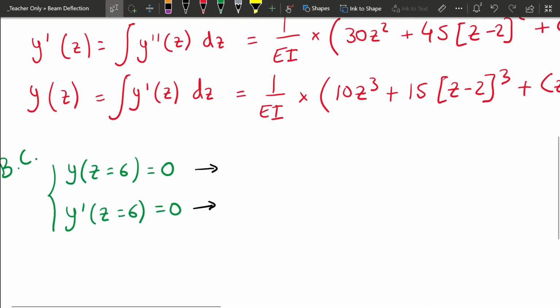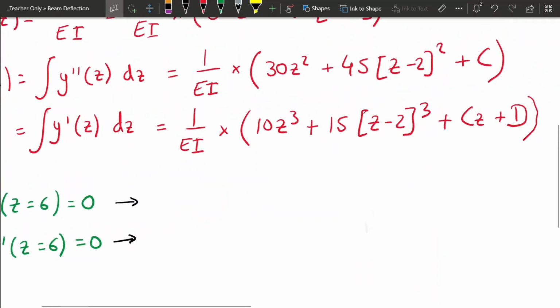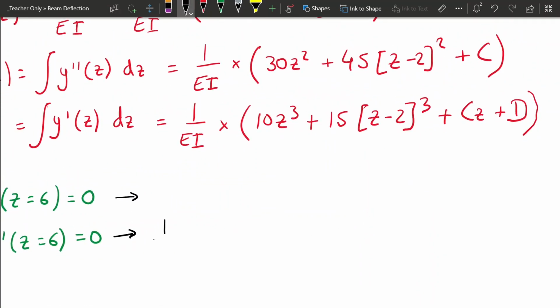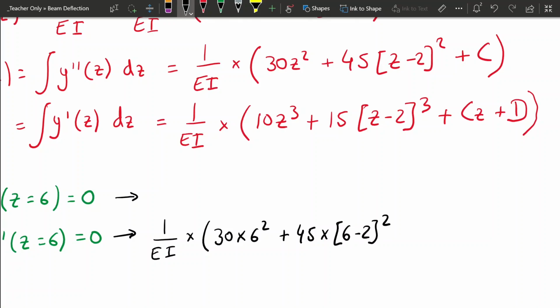So let's replace the rotation one first, so then we can find c straight away. And here we have 1 over EI times 30 times 6 squared plus 45 times 6 minus 2 squared. Here you can stop and think that because 6 minus 2 is positive, this keeps the value of 4. It's the same as 45 times 4 squared.